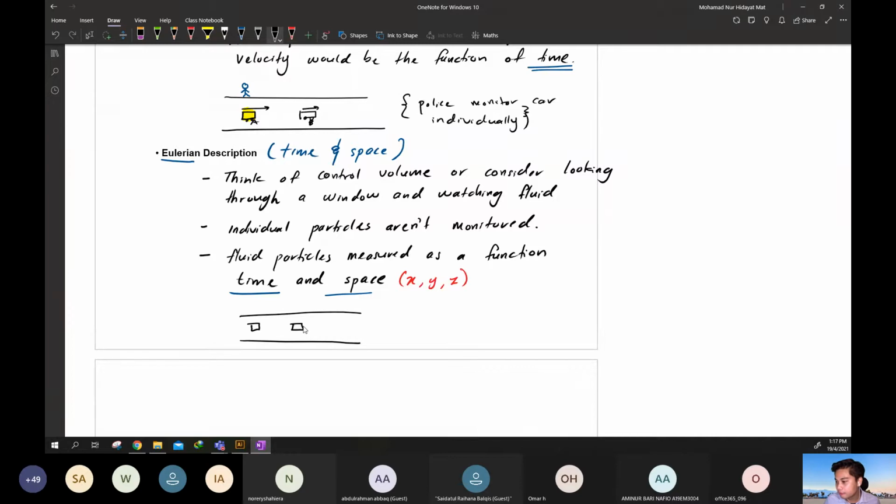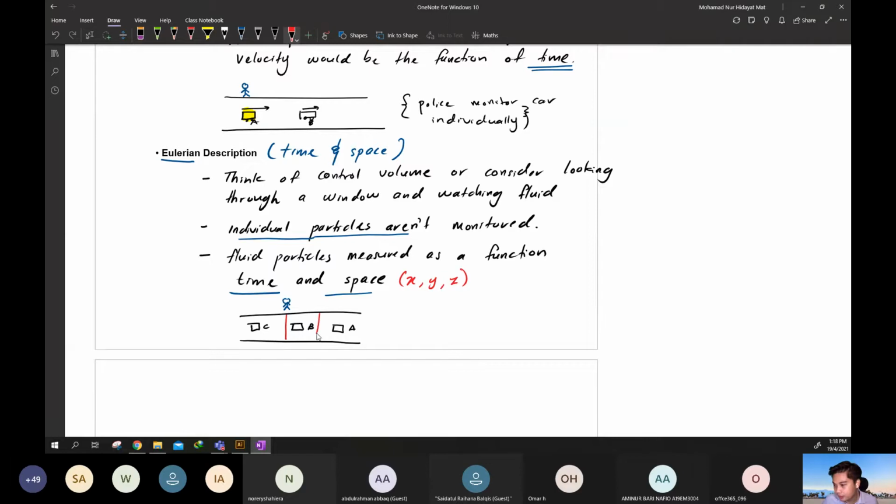We have different kinds of car. Maybe this is car A, this is B, and this is C. This is the policeman. So what does the policeman do? Remember, individual particles are not monitored. So what does the policeman do? He only monitors this portion.